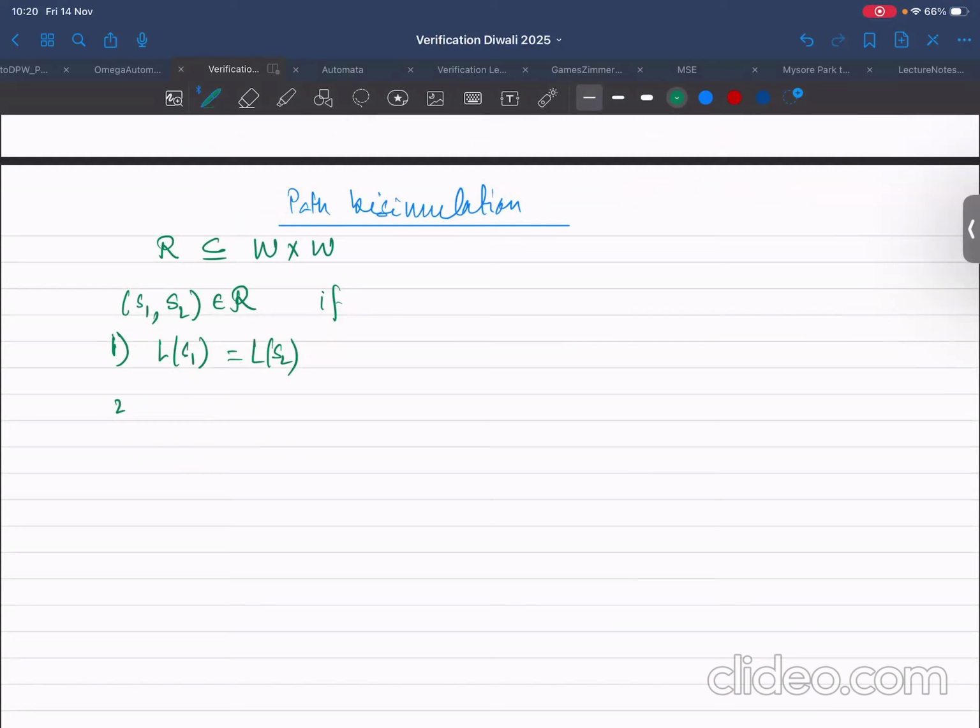So you can talk about, for all paths pi belonging to paths of S1. Paths of S1 is a set of paths; we can talk about finite paths or infinite paths.